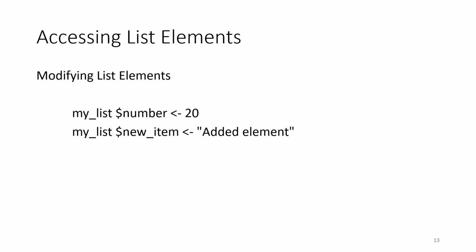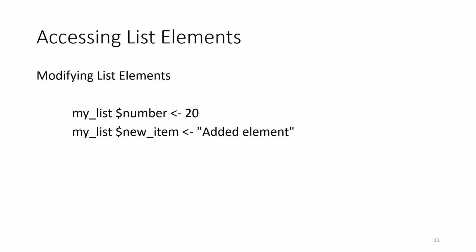We can easily modify elements in a list in R. For example, if we want to change the value of an existing element, we simply assign a new value to it, writing my_list$number = 20 changes the element named number to 20.